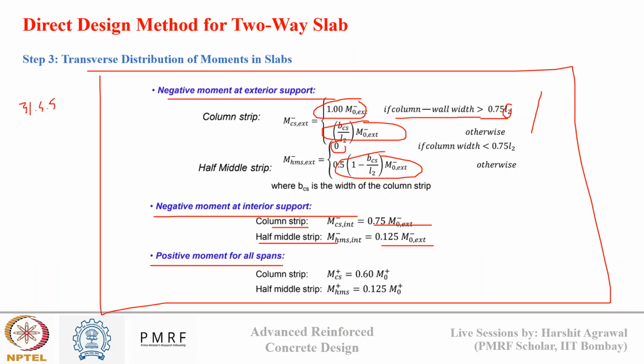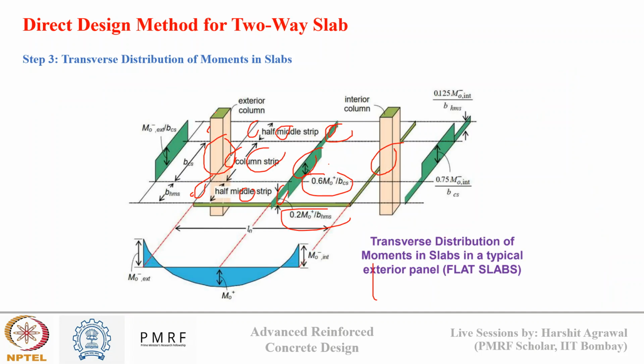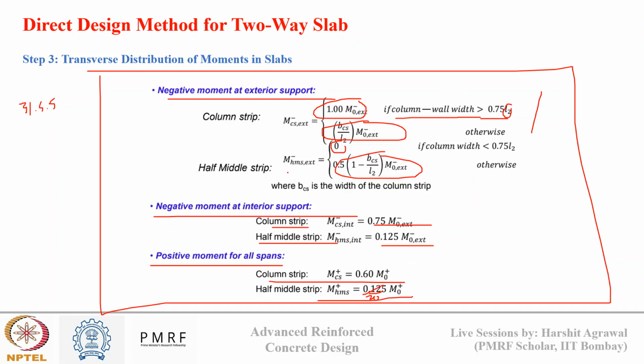And positive moment for all spans, whether exterior or interior support, remains the same. 60% is in the column strip, and 20%, not 12.5, will be in the half middle strips at the ends. This is how we distribute the moment along the transverse direction.